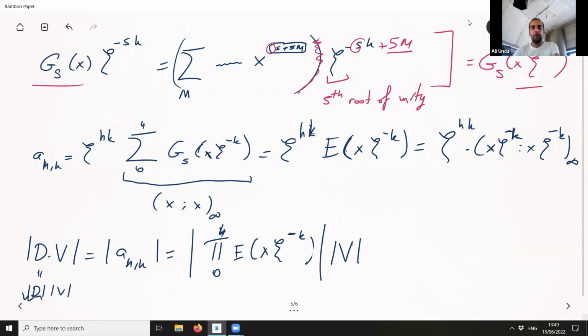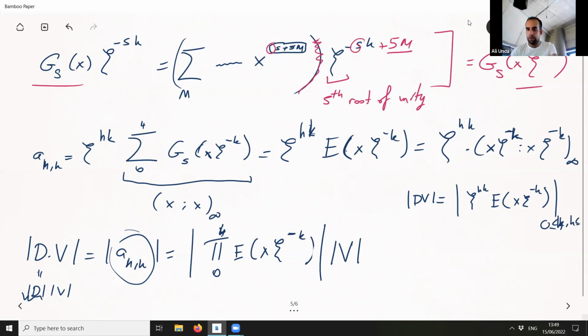So now we have this. Now we know that they're all these infinite products. So the product of dV is the product of these zeta hk's and E of x zeta hk's, for h and k from 0 to 4.